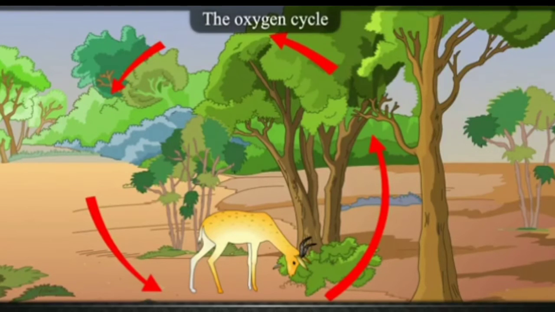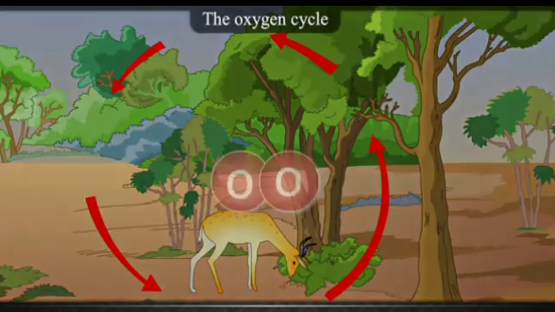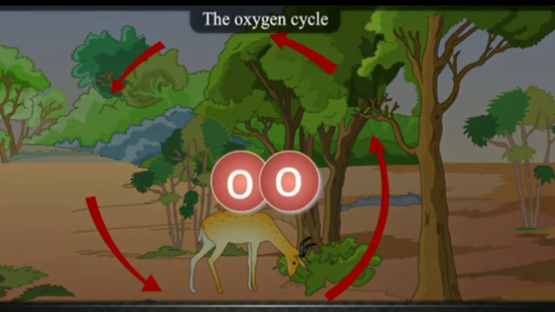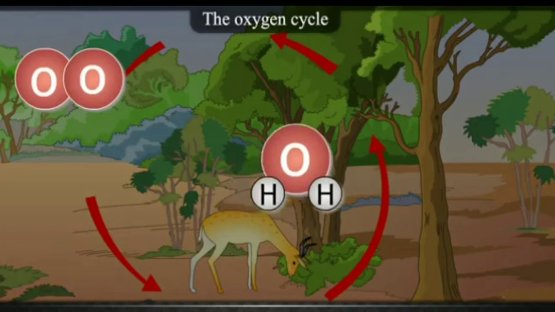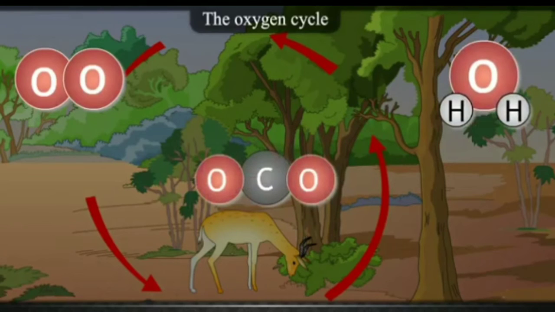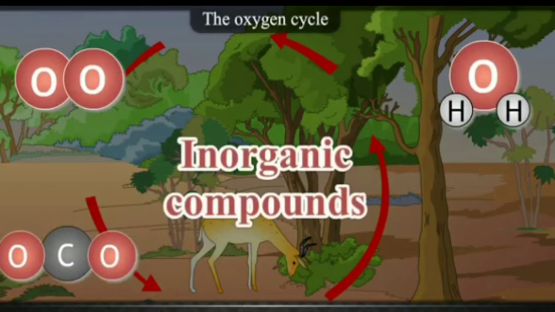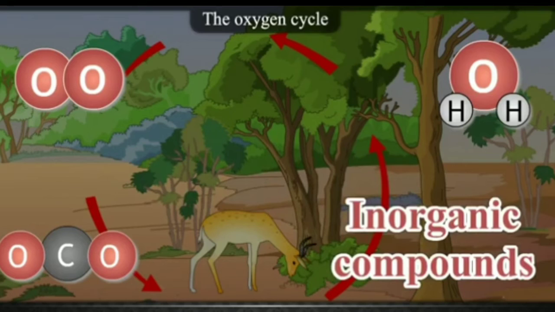Oxygen is highly reactive and readily reacts with other elements and compounds, as oxygen is found in various forms like molecular oxygen, that is O2, water H2O, carbon dioxide CO2, inorganic compounds, etc. The oxygen cycle of the biosphere is extremely complex.